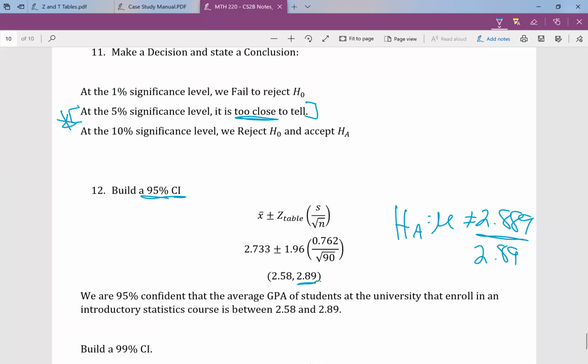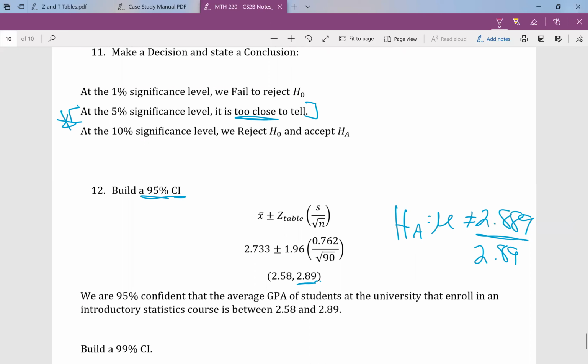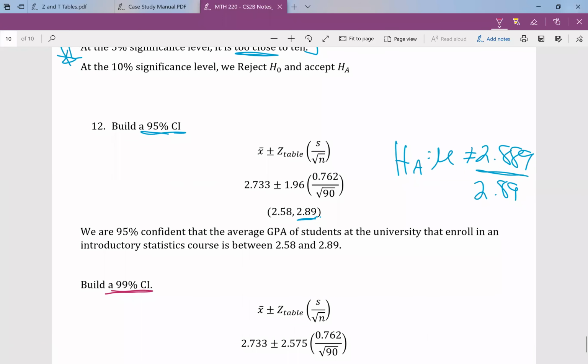Just to get some practice with confidence intervals, let's build a 99% confidence interval. This 99% confidence interval should support the decision we made at the 1% significance level. Plugging in all our numbers again, with a 99% confidence interval, the z-table value is 2.575.